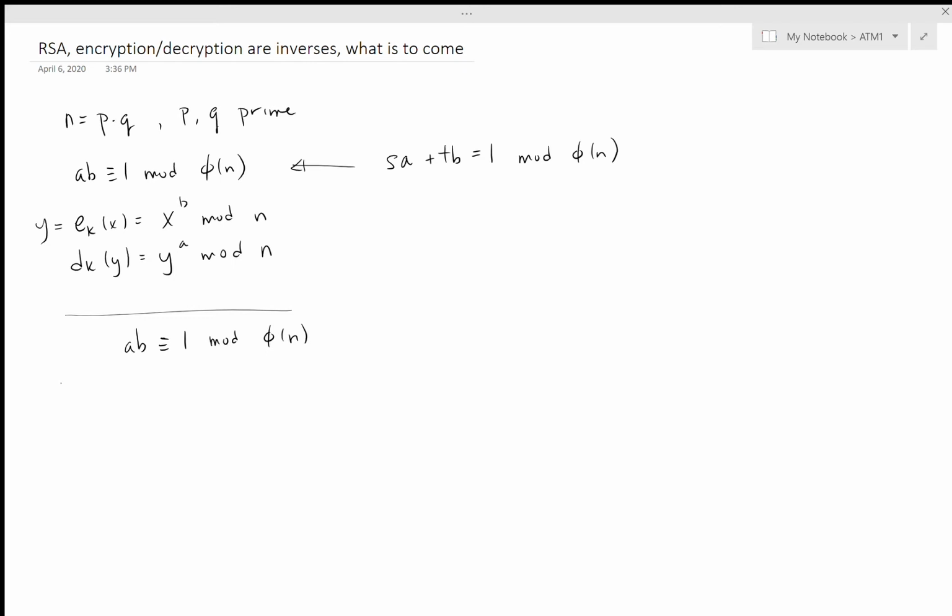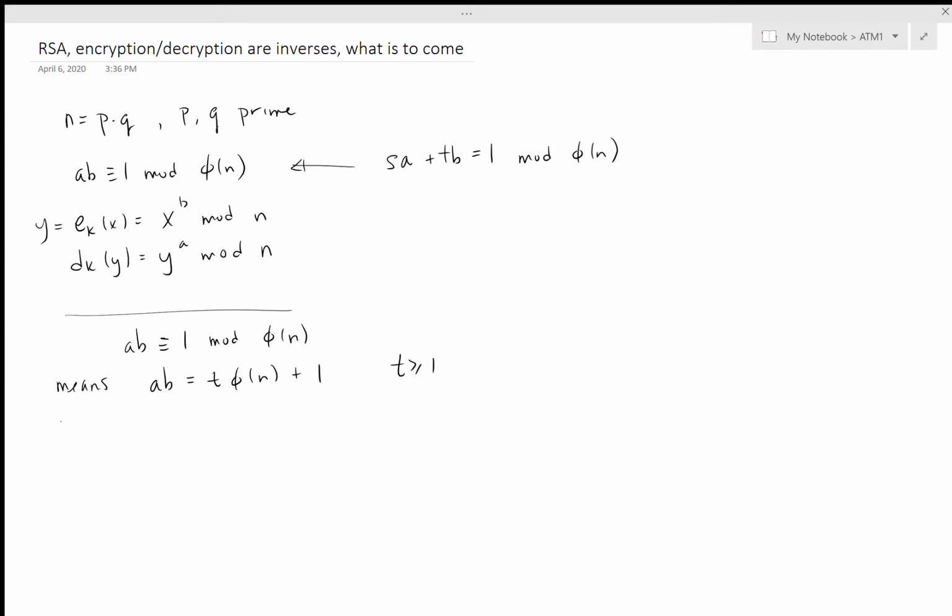That means that ab is equal to t times phi of n plus 1. If a number is congruent to 1, then it must be the case that the number ab can be written as an integer multiple of the modulus plus 1. Here t is greater than or equal to 1.